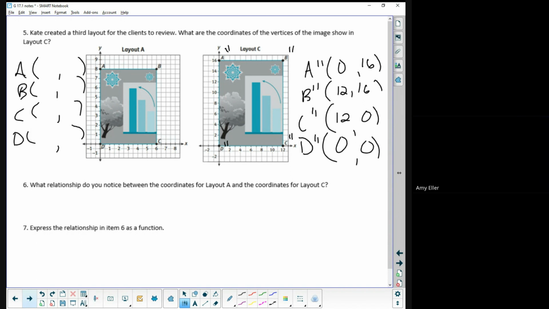I'm going to copy my originals also so that I can compare my originals to layout C on the same page.